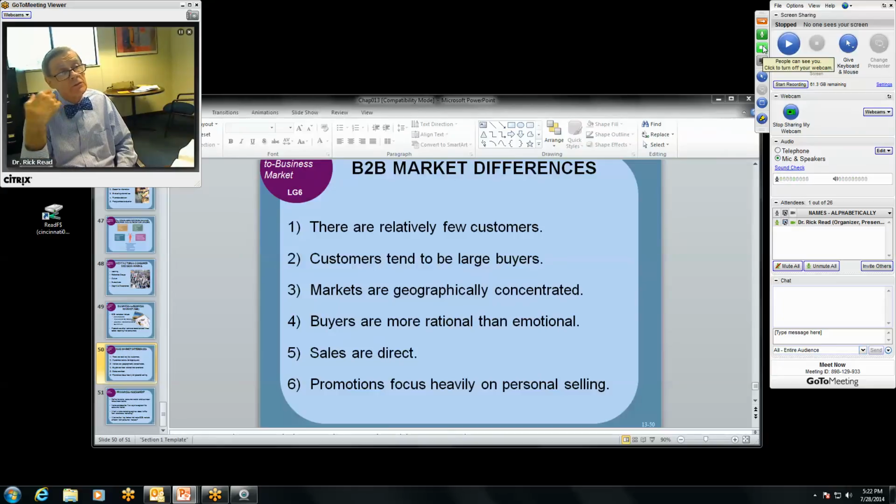For instance, if you buy a car, we tend to do that based on emotion and not so much because we're not thinking about dollars and cents. Notice here that the sales are almost always direct. And finally, promotions rely very heavily on personal selling.